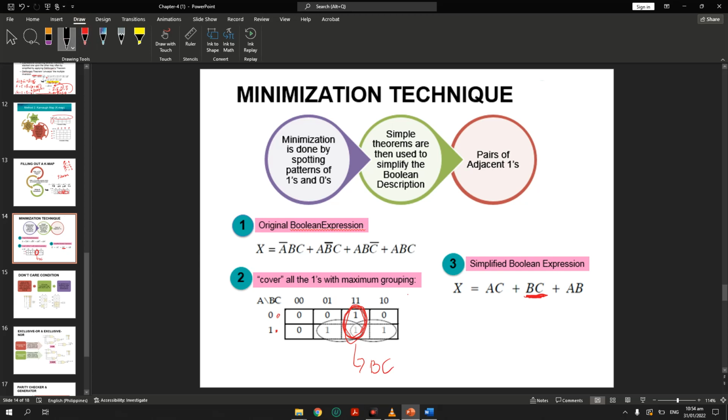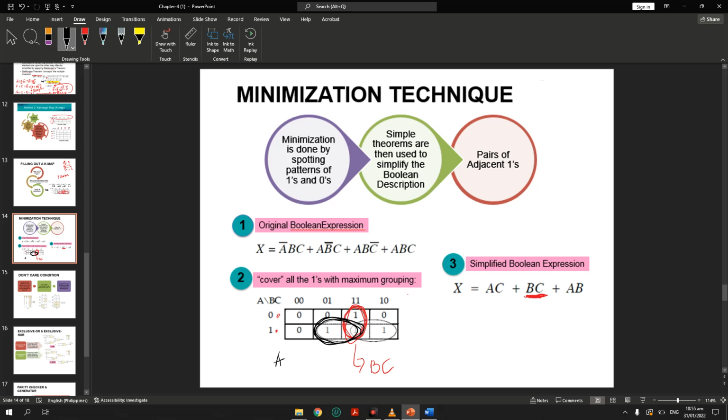Let's take another group. What is the value of A here? The A here is, since these two are on the same line as in the one, the A is both 1. So we will consider A. What is the B?